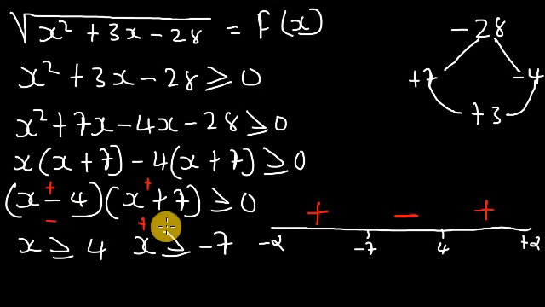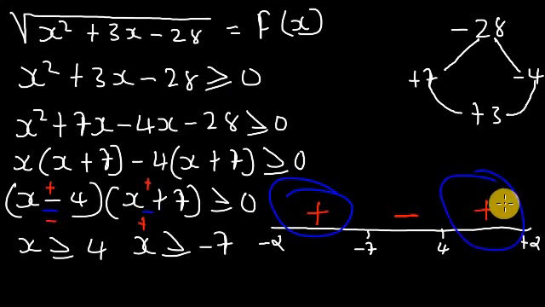Negative times negative is positive, and a positive value is more than 0. So we have it here. If you recall, our main goal is to get values greater than 0, otherwise we are going to have an imaginary number, and we don't want that. So we are going to consider these two regions.